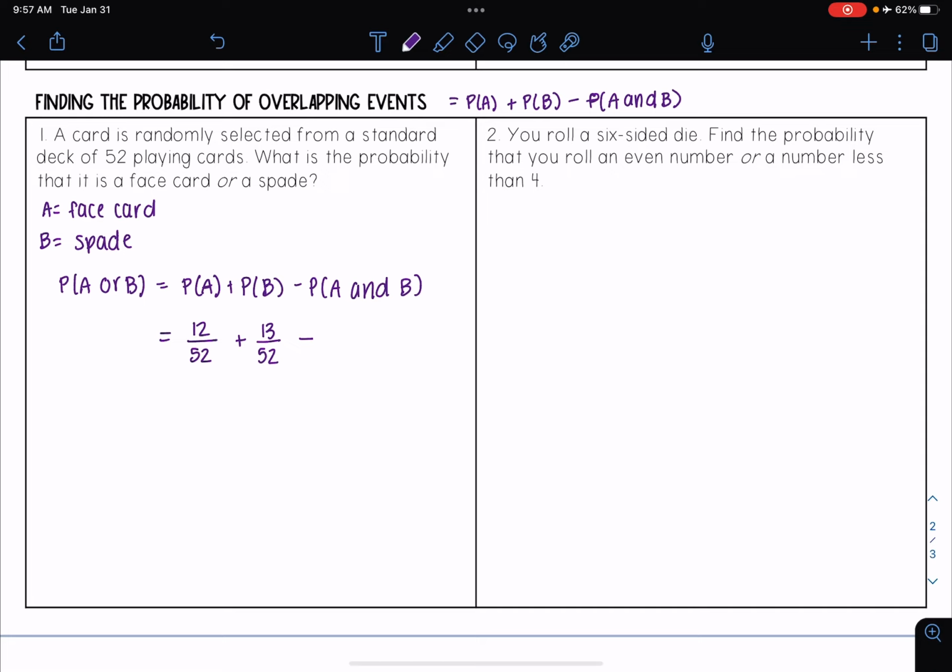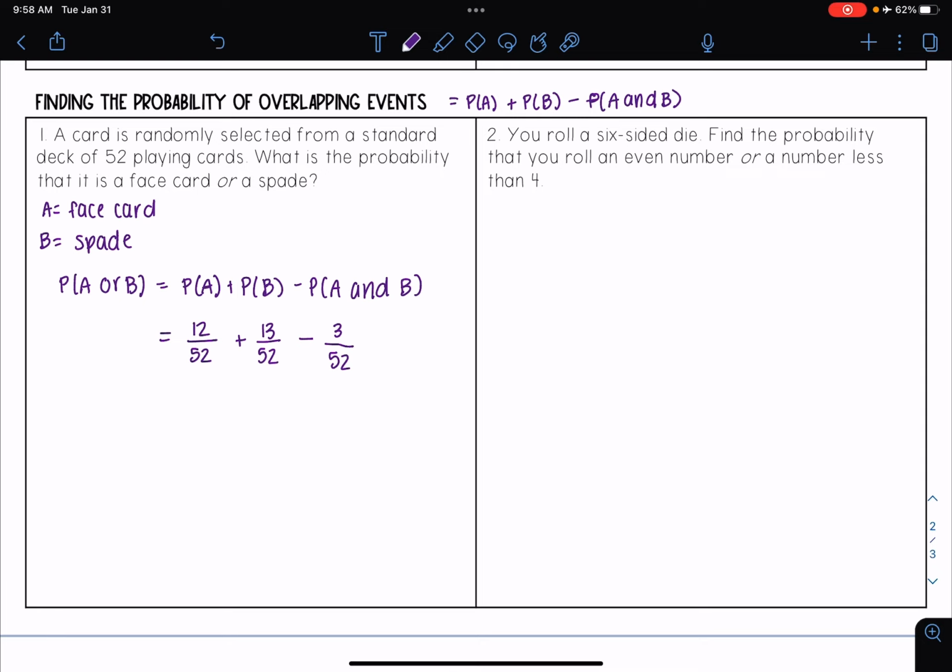Now I need to subtract the number that are both face cards and spades. So I need to think, okay, how many face cards are also spades? Well, there are 3 face cards, king, queen, jack, that can also be spades. So that means I'm subtracting 3 over 52.